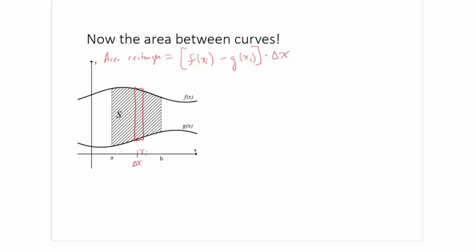Like before, if I let the limit go to infinity, if I add up a whole bunch of little rectangles, then this area, which I'll call S, is equal to the integral from a to b of f of x minus g of x dx, as long as f of x is greater than or equal to g of x over the interval.